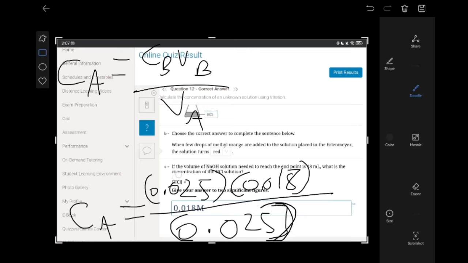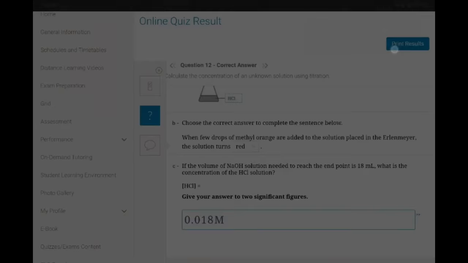Put it on the calculator, or just look, these two cancel out, so it's 0.018. Liters and molarity cancel, you have molarity left and 0.018 left.